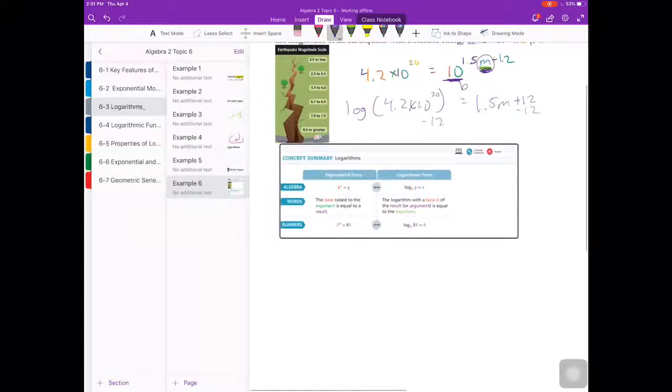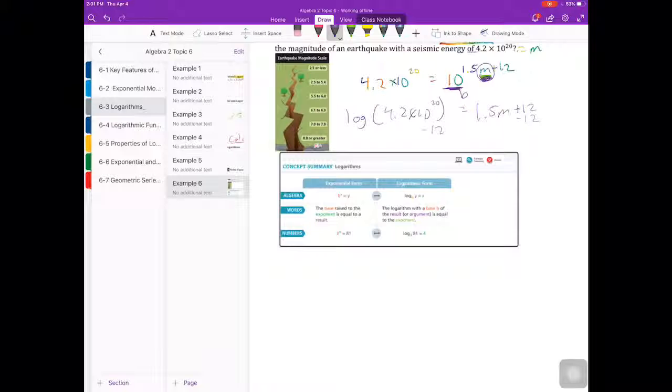So we're going to have log of 4.2 times 10 to the 20th minus 12 equals 1.5 m. We divide by 1.5 and divide by 1.5.